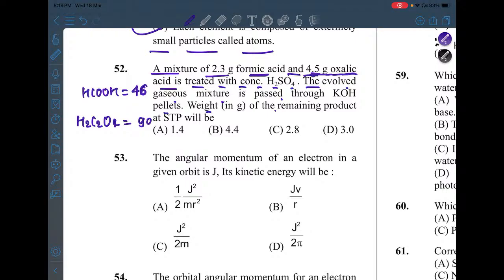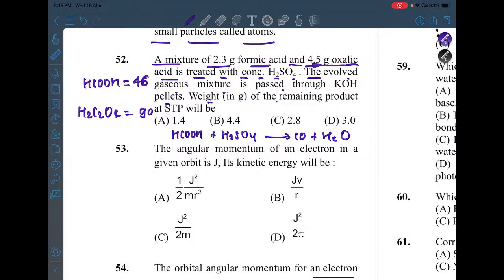If I form the reactions, whenever formic acid is treated with sulfuric acid, it gives carbon monoxide and H2O.